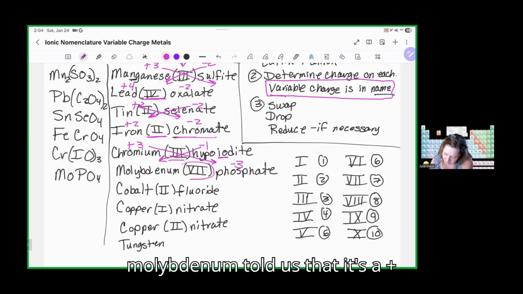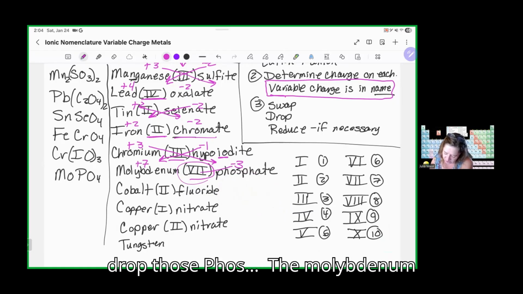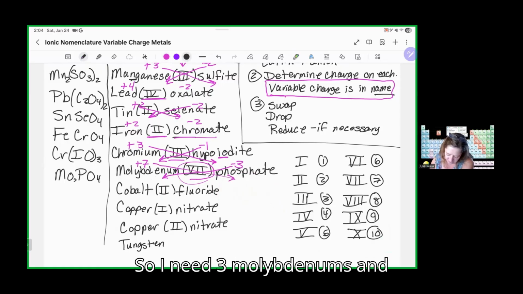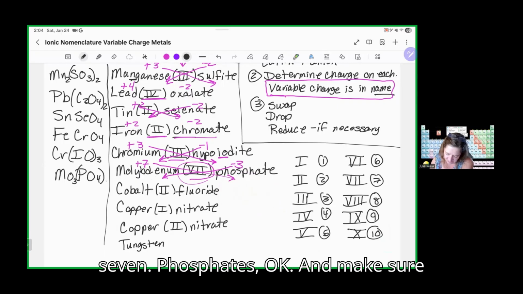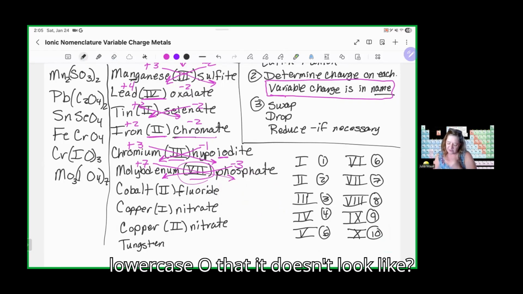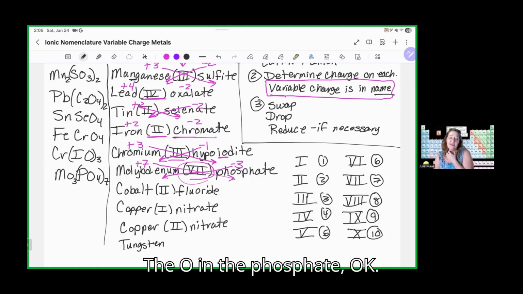And the molybdenum told us that it's a +7. So I'm going to swap and drop those. The molybdenum gets a 3, phosphate gets a 7. So I need 3 molybdenums and 7 phosphates. And make sure this o on the molybdenum is a lowercase o, so that it doesn't look like the O in the phosphate.